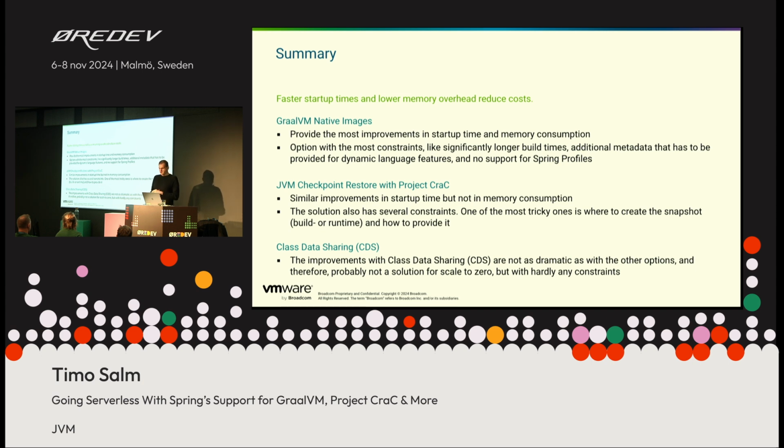Oracle is heavily working on mitigating things like developer productivity. They also introduced a mode for the GraalVM compiler for development where it's a little bit faster, where they are not making all the optimizations that they do for the production image.